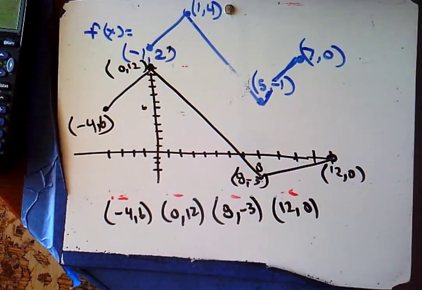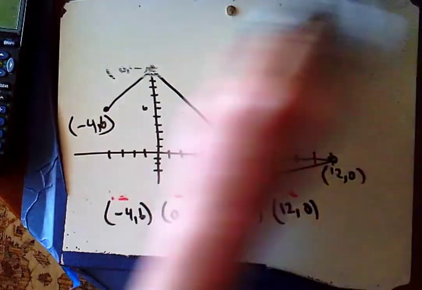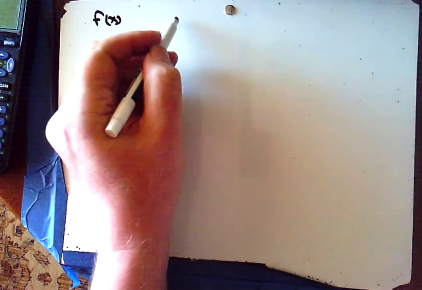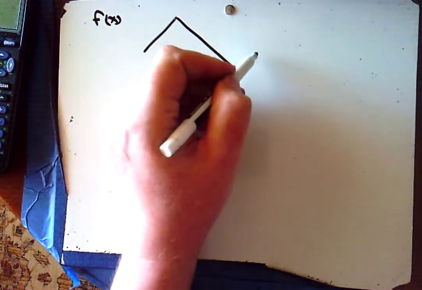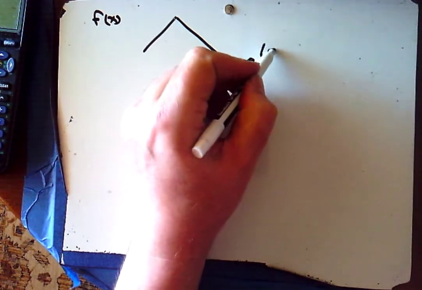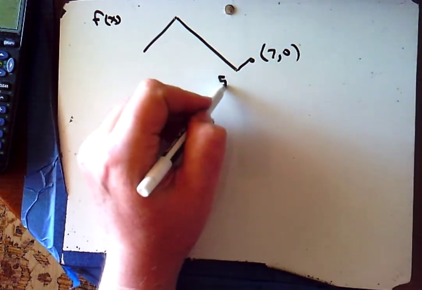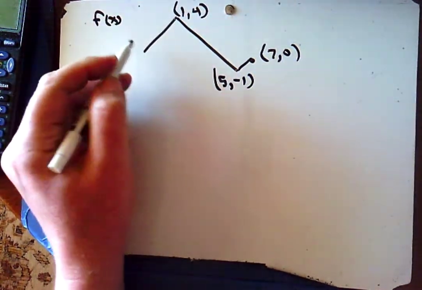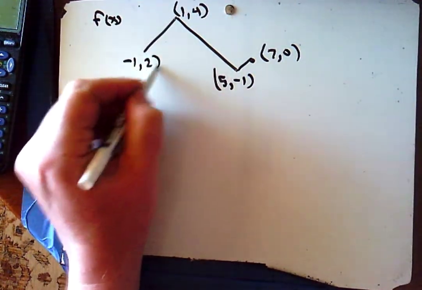All right, so that's how we go about doing these transformations. So let me ask you then to try a couple. We're going to use the same f(x) for each of these problems. Our f(x) passes through (7, 0), (5, -1), (1, 4), and (-1, 2).